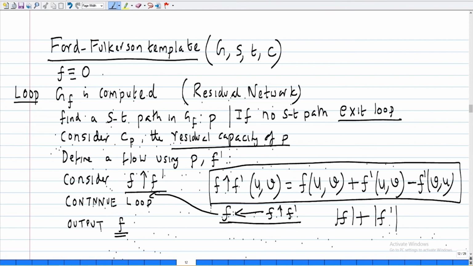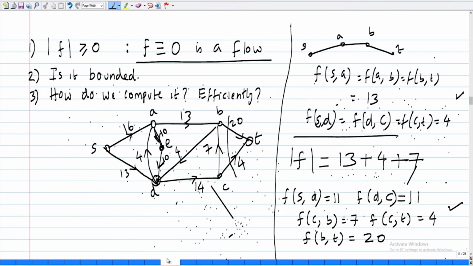Therefore, from iteration to iteration, the value of F will be strictly increasing. Fine. So you will keep finding larger and larger flows by the Ford-Fulkerson template. So we go to the natural question. When is this going to stop? Is it going to stop at all? Is it bounded?